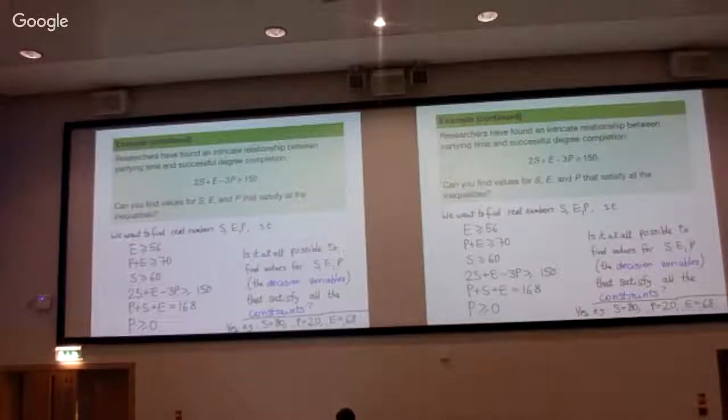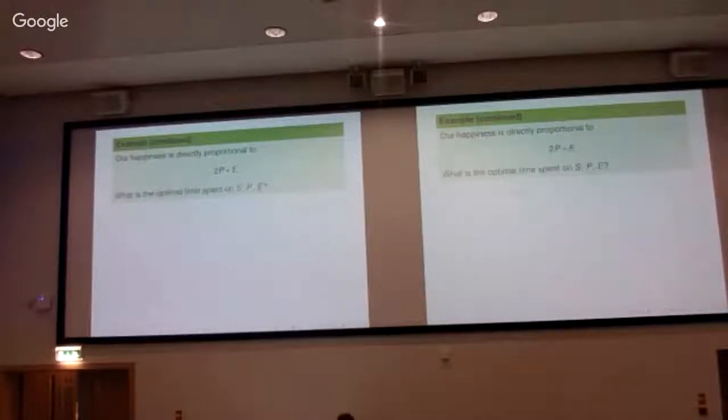Okay. So now, I think everybody agrees that partying is twice as good as everything else, and studying is none good at all, which gives us the objective function that says that you should maximize 2P plus E, the value of this expression.